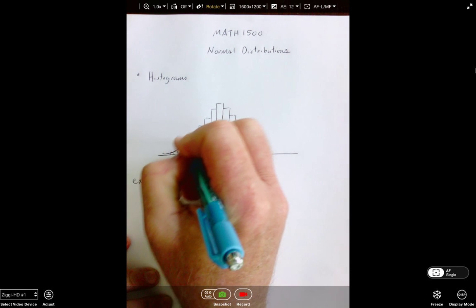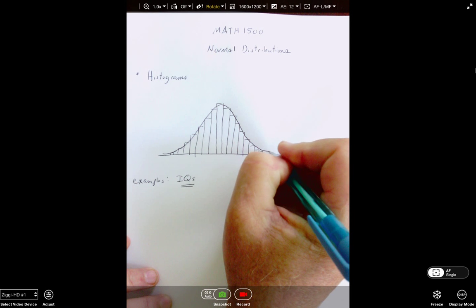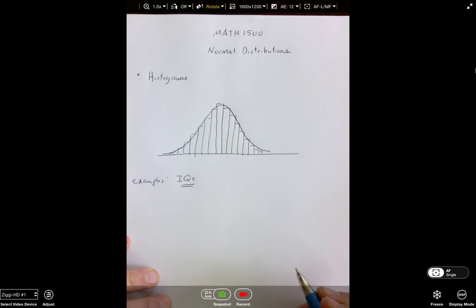And when we smooth these out, we don't get something approximately symmetric and approximately bell-shaped. We get something that can be thought of as perfectly bell-shaped and symmetric.